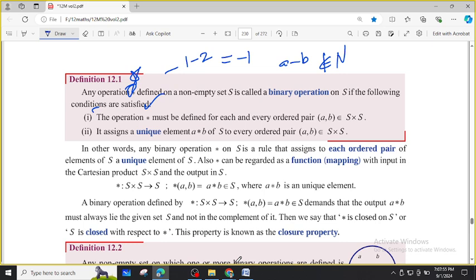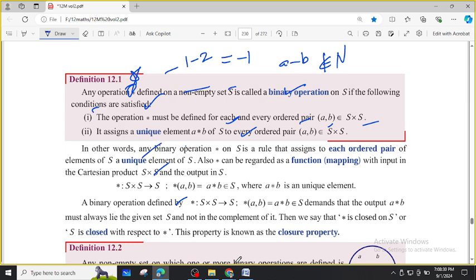Star may be any operation defined on a non-empty set S, and it is called a binary operation if the operation is defined such that every ordered pair (a, b) in the set S cross S assigns a unique element a star b.